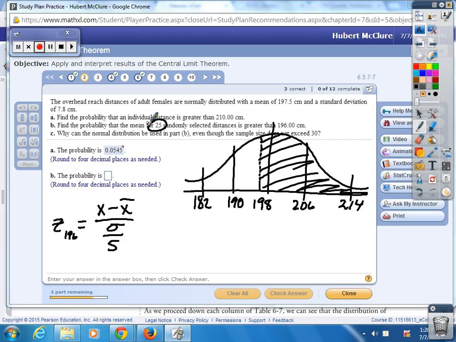All right, so Z sub 196 is equal to 196 minus 197.5 divided by 7.8 divided by 5.